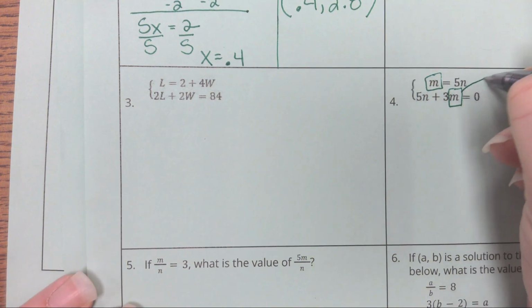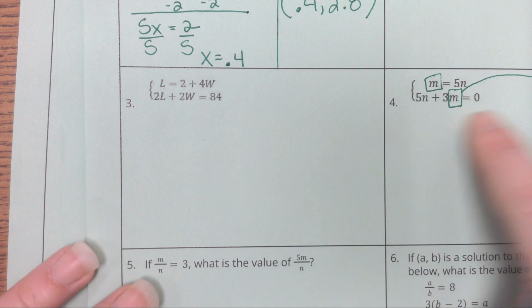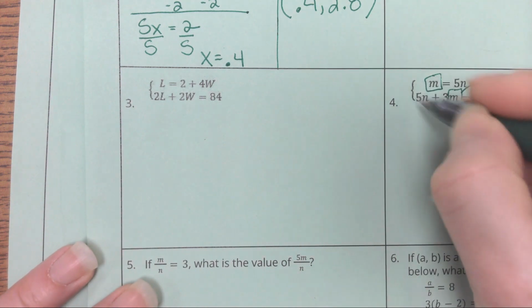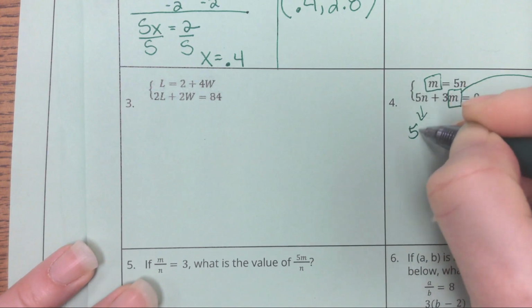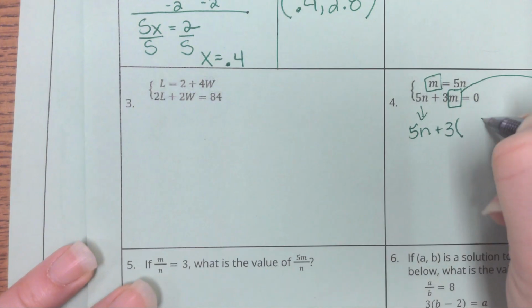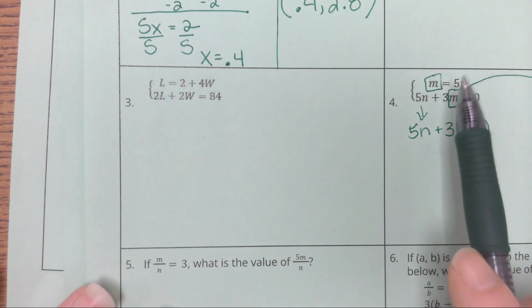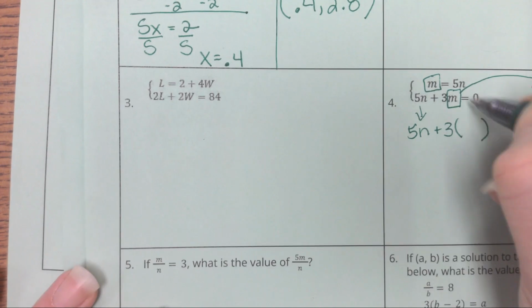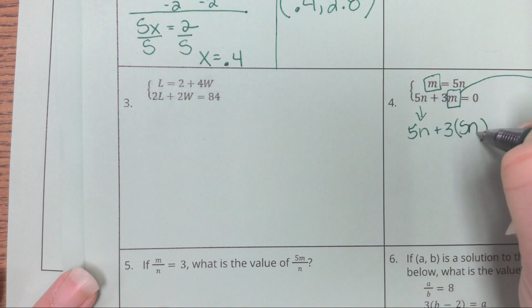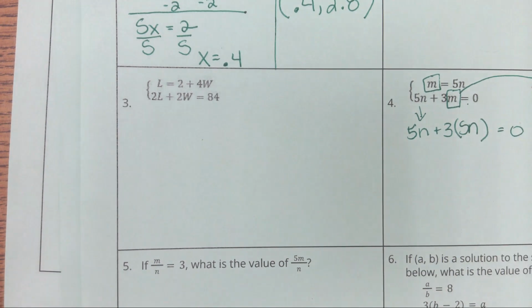M is coming out. What are we going to put in place of M? 5n. So I rewrite the bottom equation. Don't forget this. I'm dropping everything down. I have 5n plus 3, that's that 3. In M spot, I like to always hold it with the parentheses. I am going to put what M equals from up here, which was a 5n, equals 0.